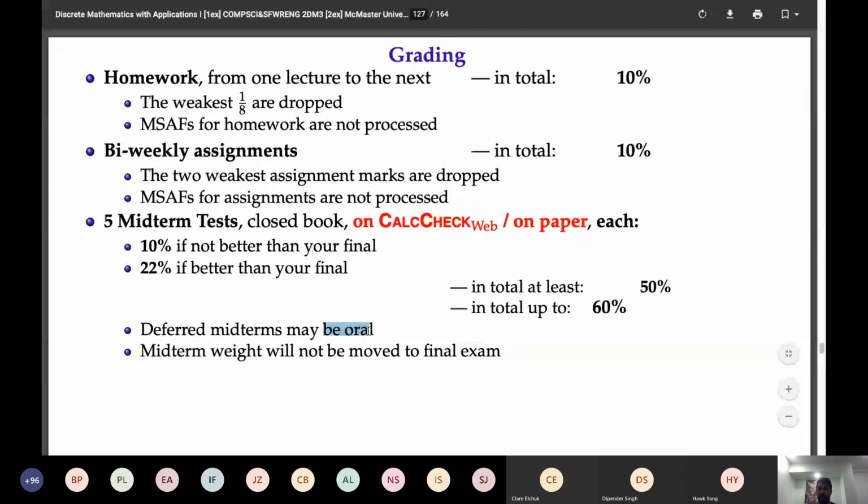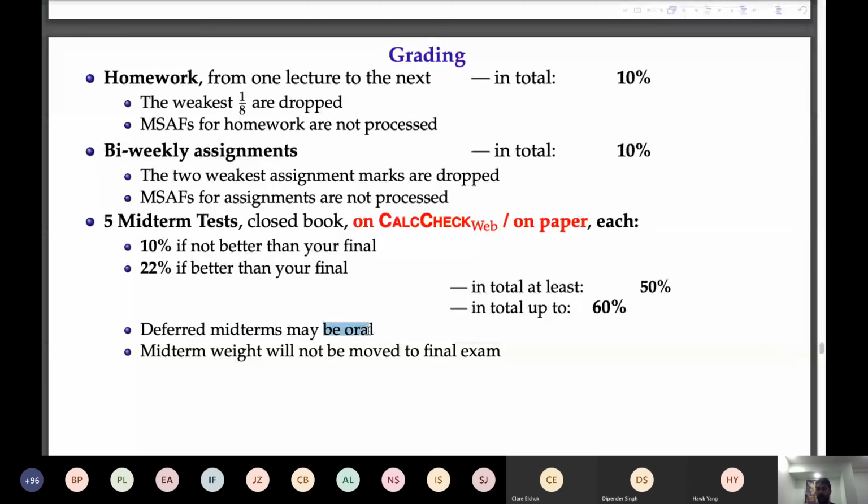So you and I will just get on MS Teams, and I'll ask you some questions, and you'll reply with some answers, and we'll see how things go. The oral midterm will probably be as difficult as the original midterm, but it will need to be.